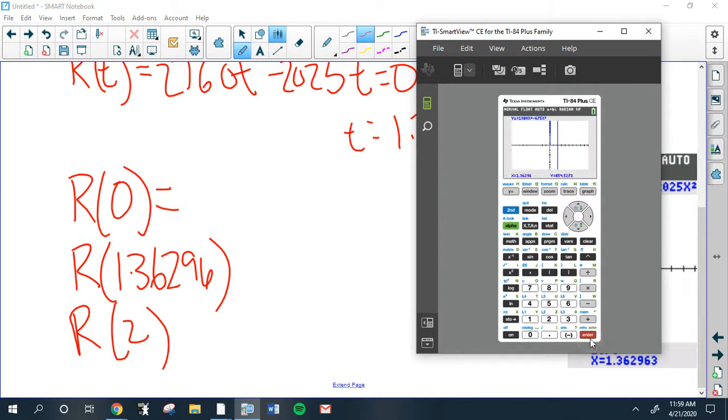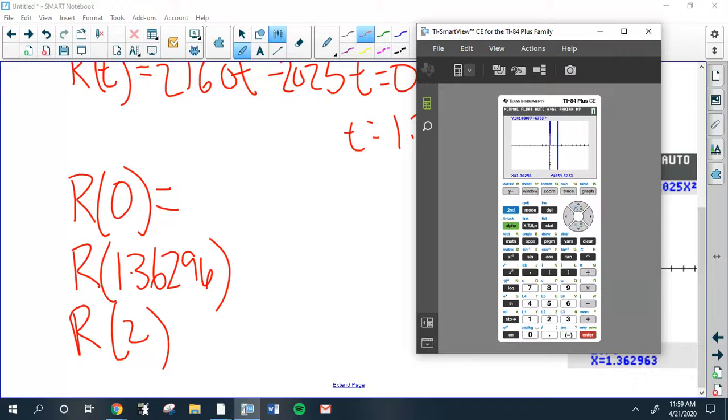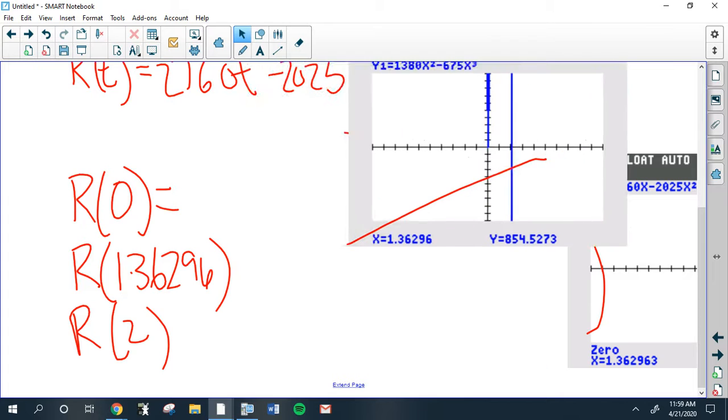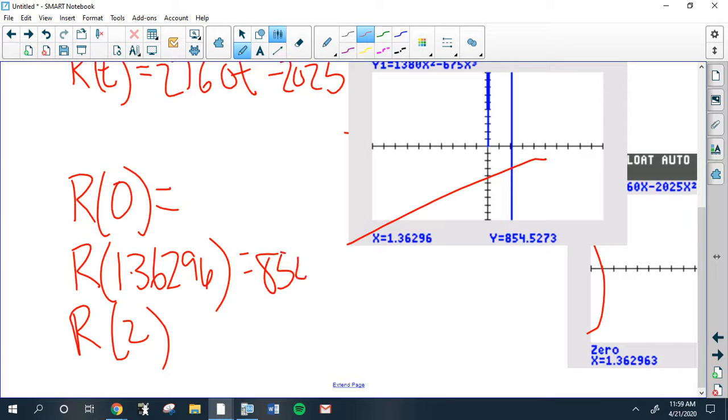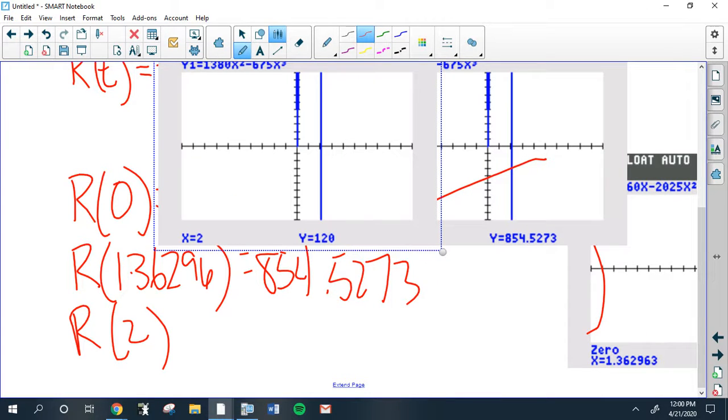Then 1.36296. The value there is 854.5273, and finally I'm going to plug in 2, enter, and you see we get 120.